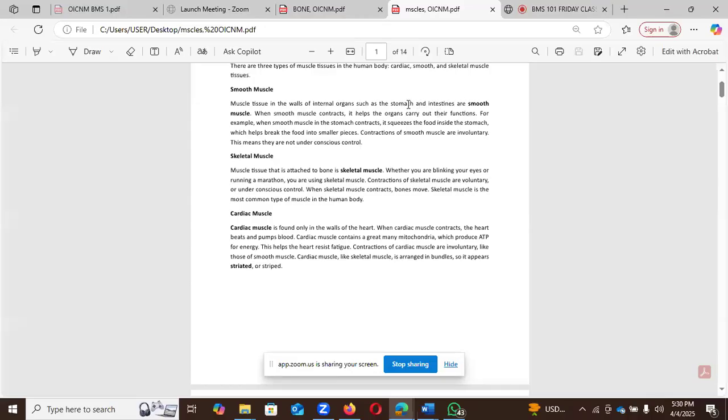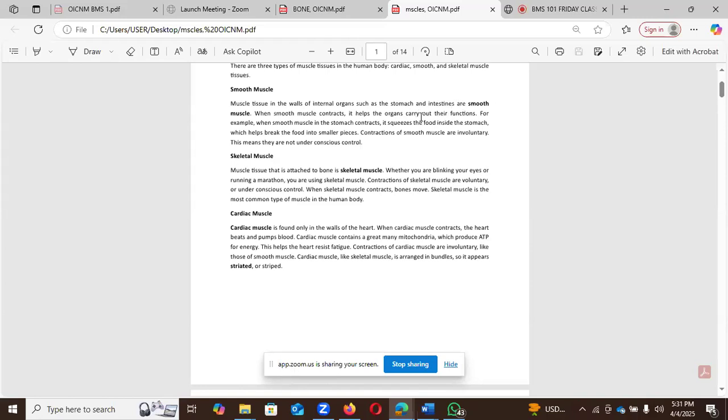That's where you find the smooth muscle. It is smooth because in its appearance, it is smooth. There's no line on it. It contracts and relaxes, and contraction and relaxation of smooth muscle brings about the function of the muscle.